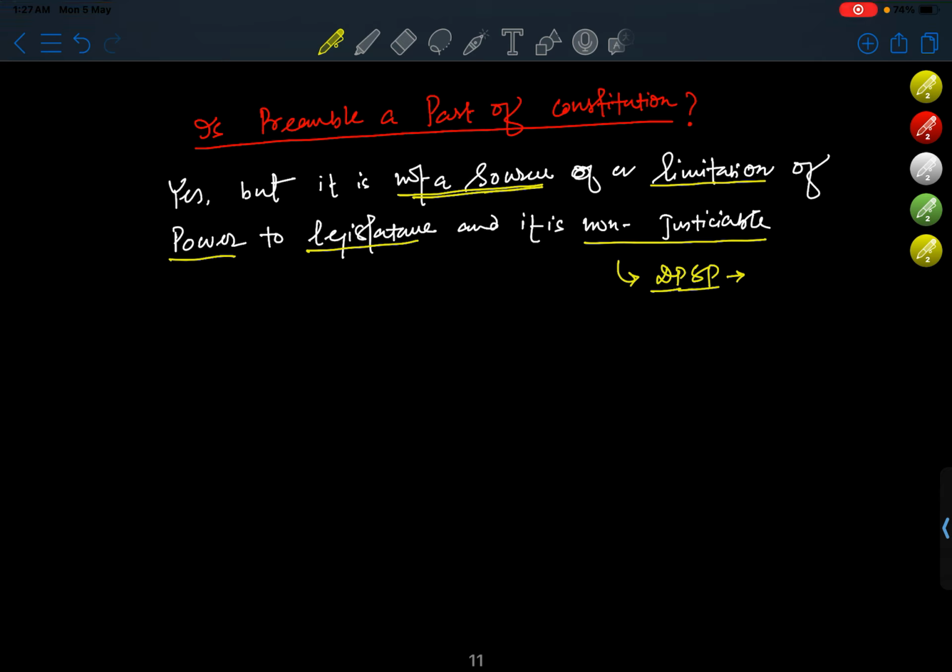You can go for other rights, which we will discuss later. This is the meaning of non-justiciable.